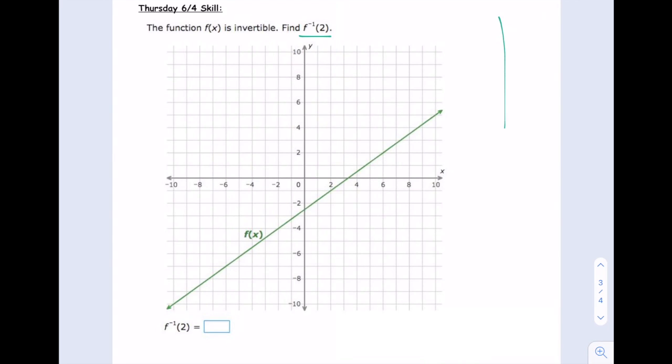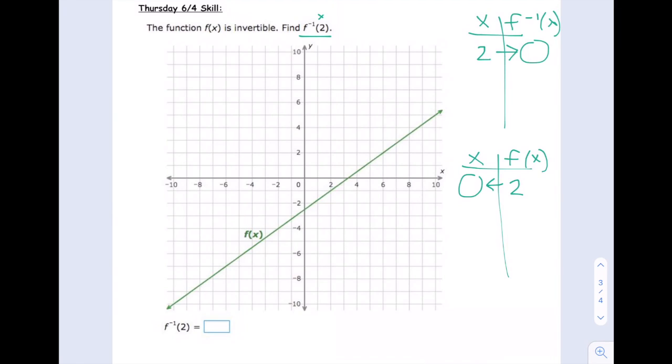On my inverse table, if they're asking for when 2 is my x, that's going to pair with the same value when on my regular f of x table, 2 is my output, my y, right? Those are going to be the same value in that position that I circled.